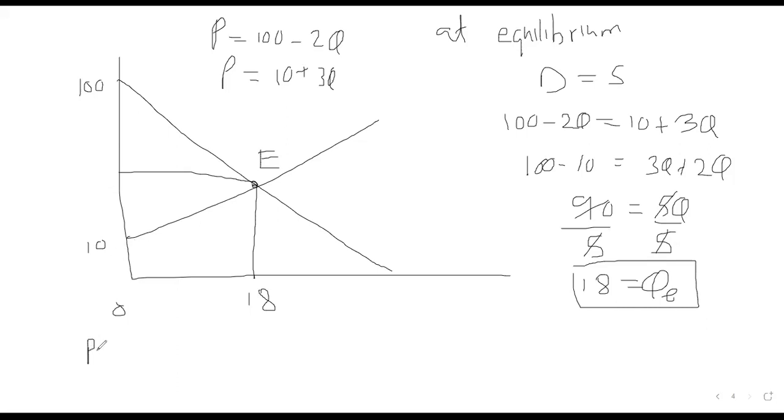So let's start with the supply, 10 plus 3Q. Where there's Q, we put 18. So what do we get when you compute?